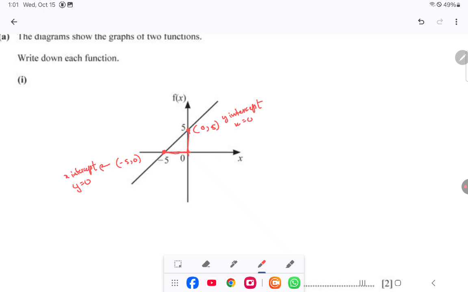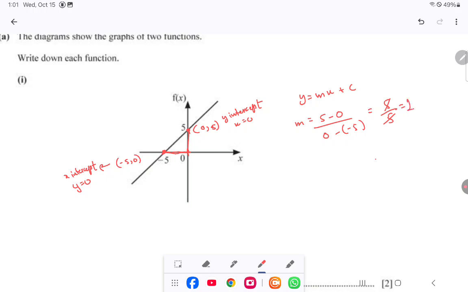So we can put any of these points to calculate the value of c in y equals mx plus c. For m, we have two points, so y2 minus y1 over x2 minus x1, 5 over 5. The slope value is calculated as 1.